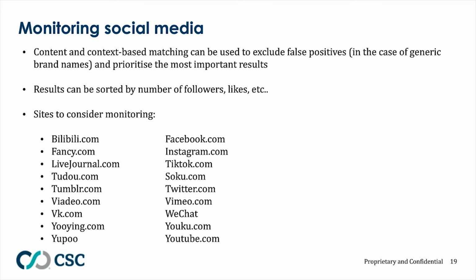These are some of the most popular and most common platforms on social media that we find infringers using. It's not an exclusive list, and we do have flexibility in the different sites that we typically monitor. But if you're not monitoring social media, we suggest you certainly consider some or all of these sites.